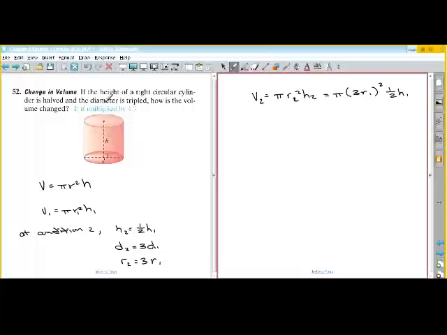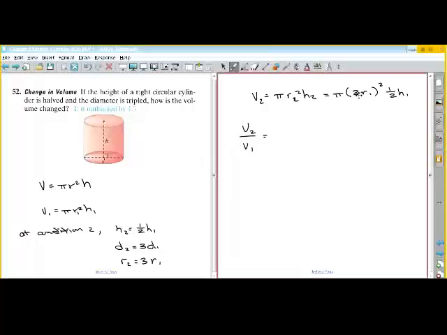So what they're looking for is how much larger or smaller is the volume when you make these changes. So what we would do is we would take the ratio of the volumes. That ratio is going to tell me, if it's greater than 1, that it's larger, and if it's less than 1, that the volume is smaller.